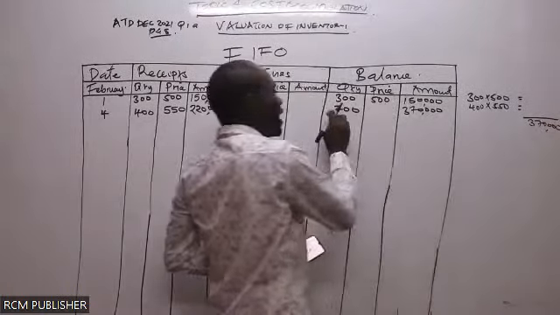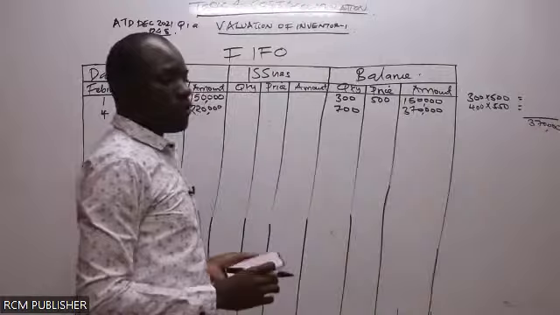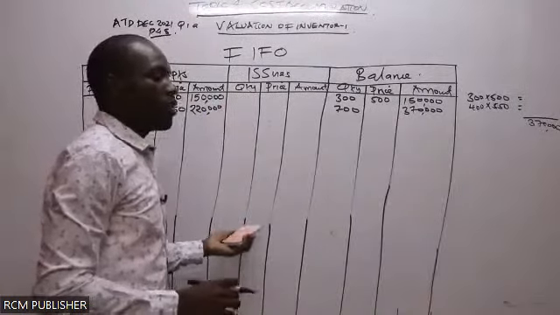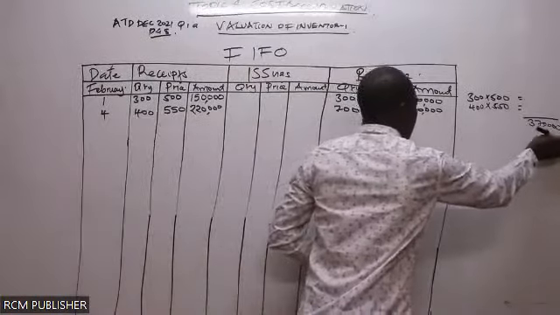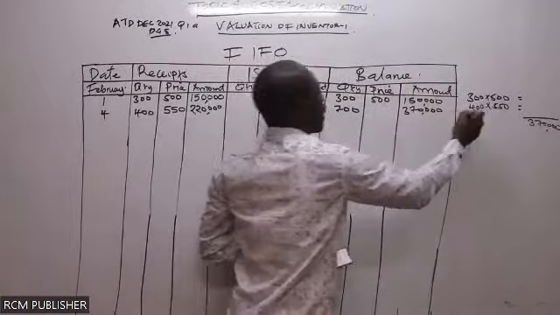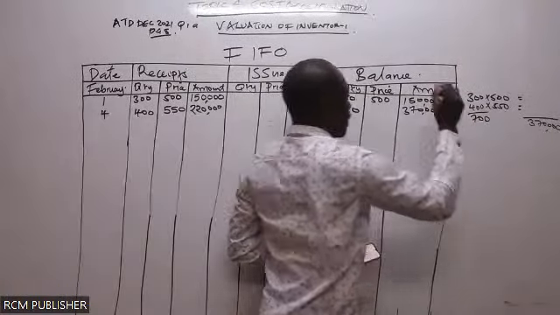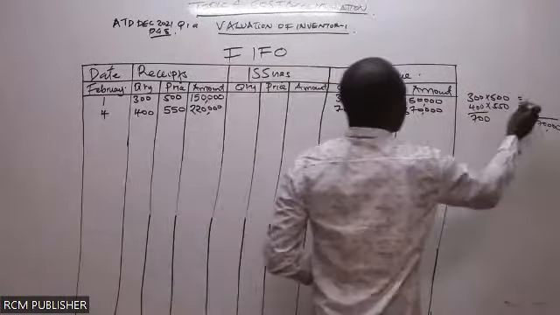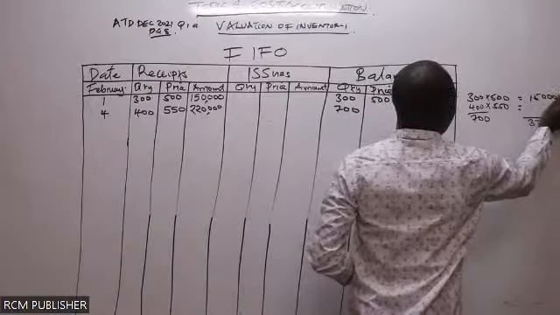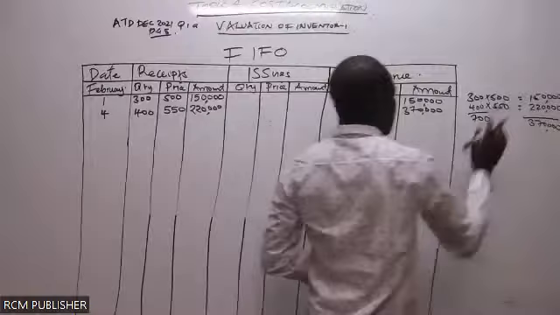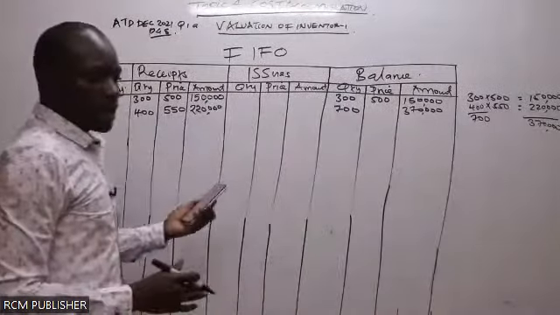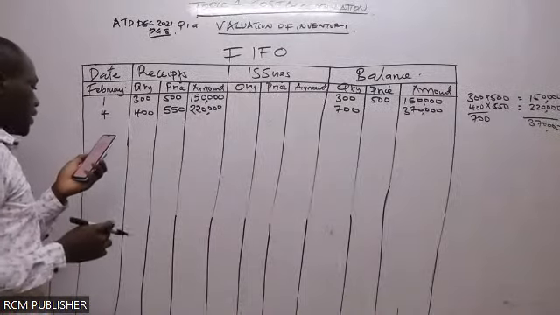So if this was the last date of preparing this stock ledger, then the value of my inventory could have been 370,000, and in terms of units, I could have been having 700. That is what is here. So this one here is 150,000, and this one here is 220,000, giving me that.